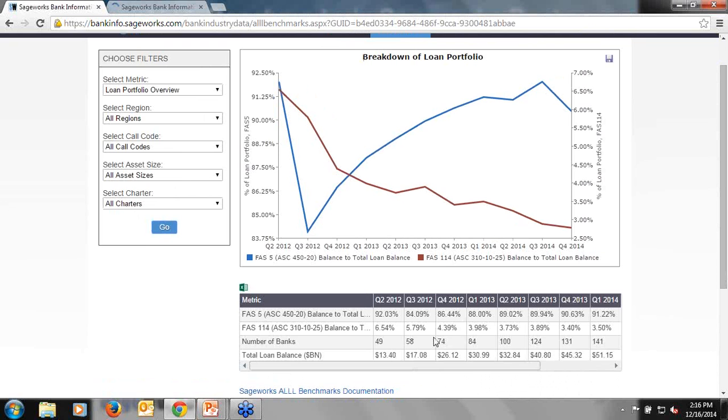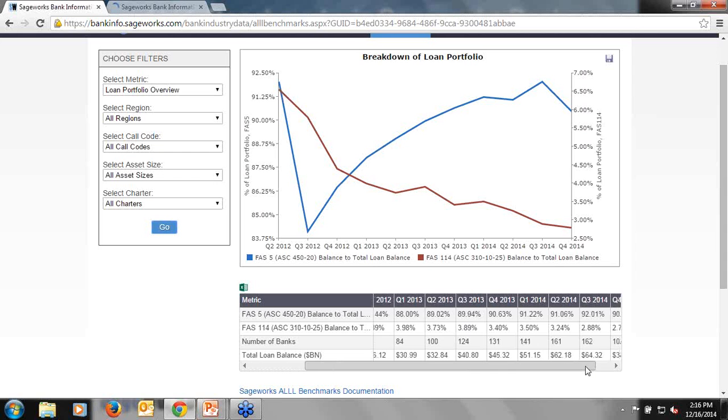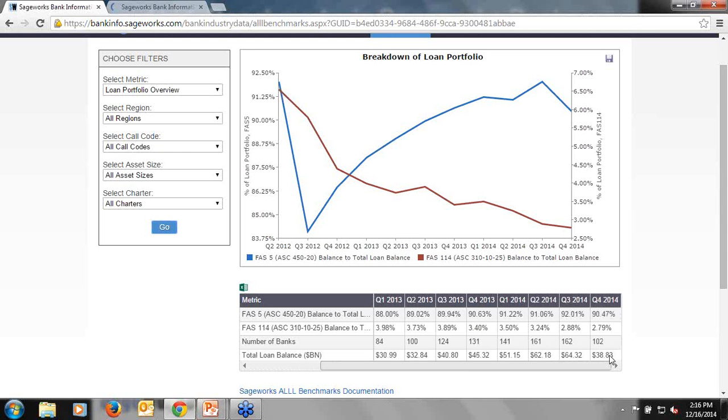We can also see the total number of banks reporting to us through their use of the ALLL calculation, and we can actually even get a glimpse. Obviously, we only have about 102 banks so far in Q4 that are starting to work on it.